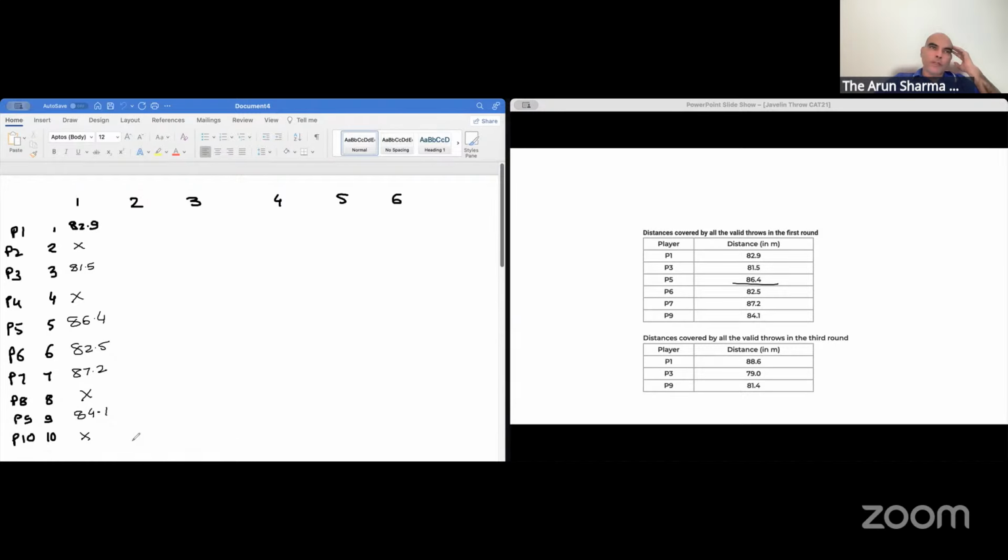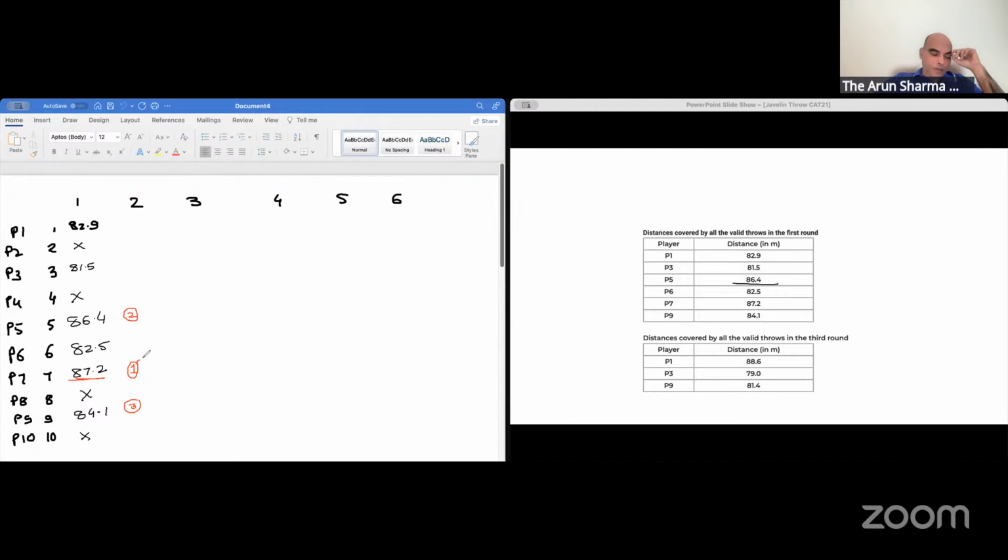Now, according to this, the order of throwing in the second round will change. The player rank 1 will be this guy, so he will be the first player to throw in the second round. The second player will be P5. The third player will be P9.